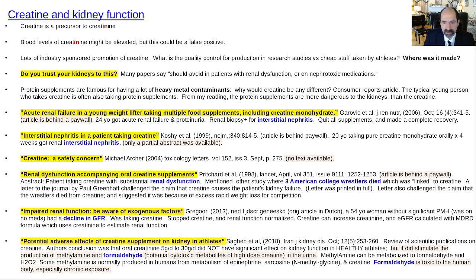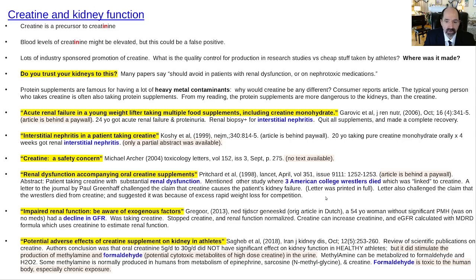They mentioned there was some story about three college wrestlers in the United States who died, potentially linked to creatine. Then there was a letter to the journal by this man here, Paul Greenhalgh, and he said no, it wasn't the creatine causing their kidney failure, and he also challenged the claim that those wrestlers had died from creatine. He suggested it was because of the excessive rapid weight loss methods they used.